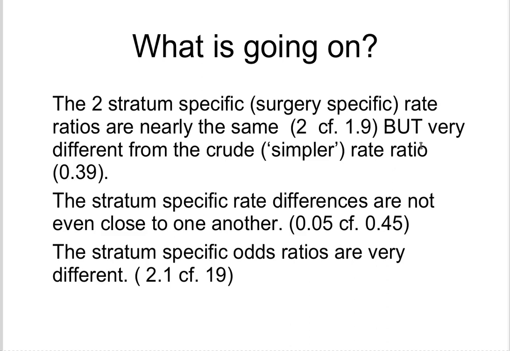The surgery-specific rate differences are not even close to one another, though. See that? 0.05 compared with 0.45. Similarly, the stratum-specific odds ratios are very different: 2.1 compared with 19.